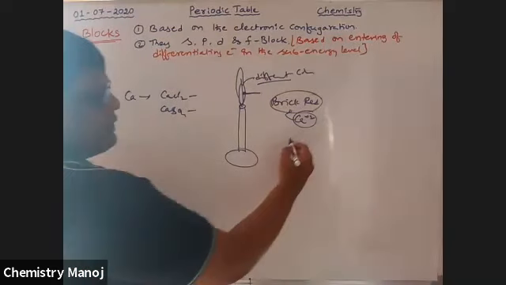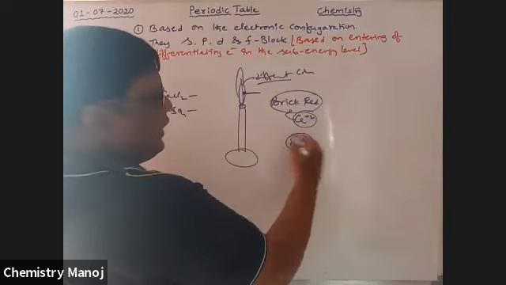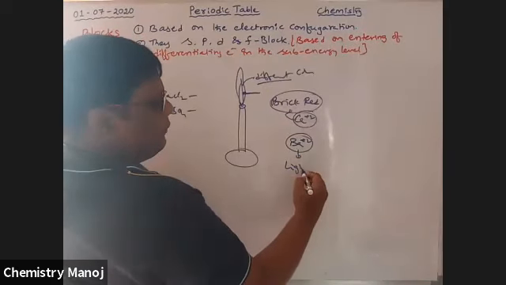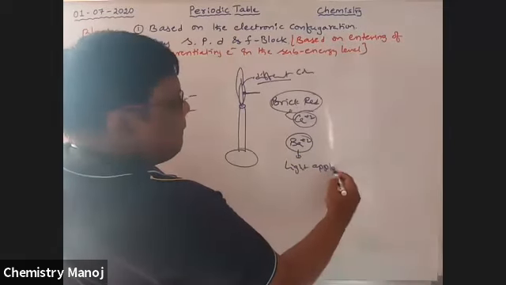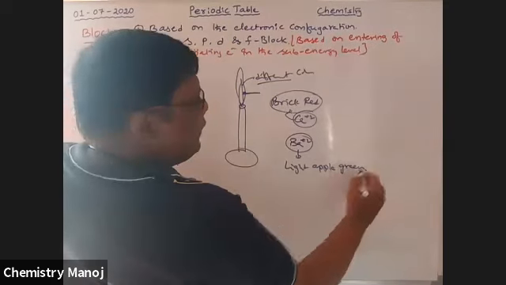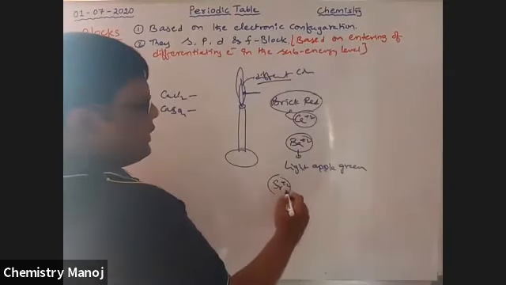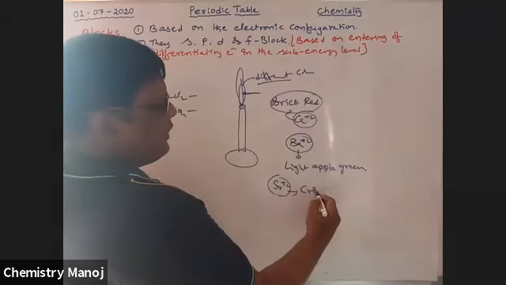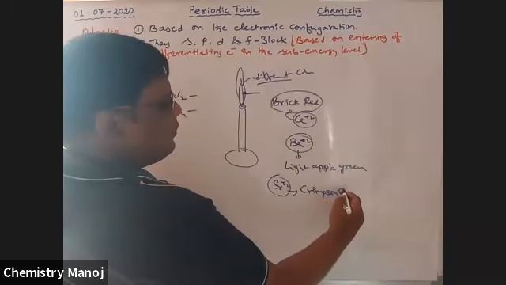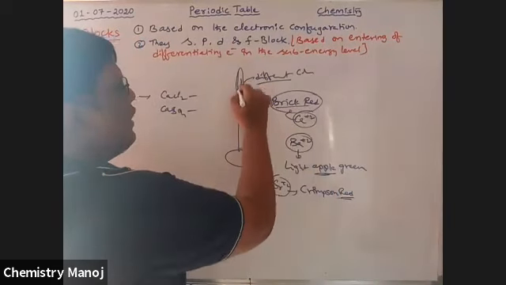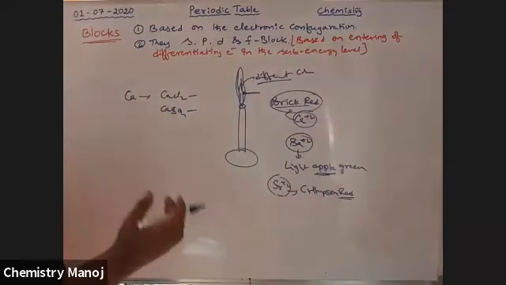If a barium ion, Ba2+, is there, it gives a light apple green color. If a strontium ion is there, it gives crimson red. These are the different colors observed in the flame when these salts are introduced.